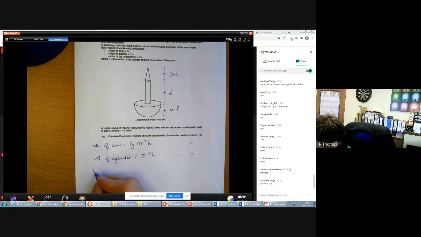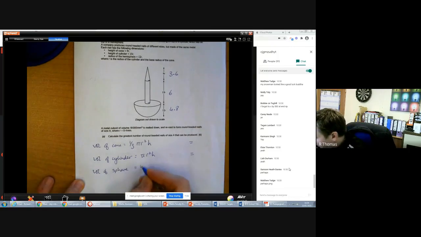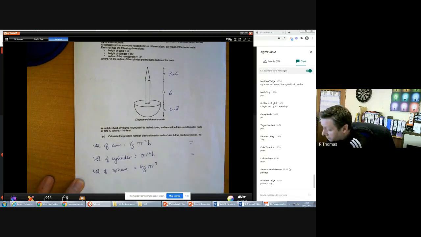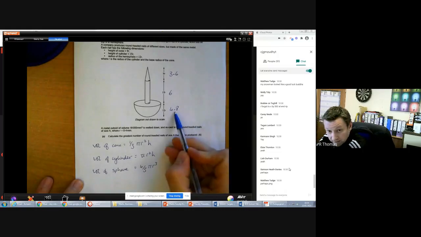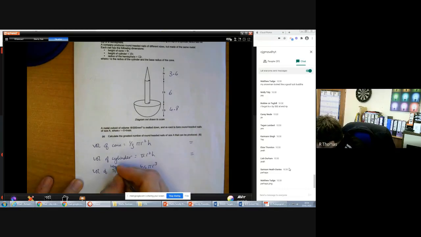There's only half one, but the volume of the whole sphere is 4/3 pi r cubed. We know that r is 4.8, so we can work out the volume of the whole sphere, but then of course we only want half of it because it's a hemisphere, so the volume of the hemisphere is that, and then divide it by 2. So you can press some buttons and get the volume of the hemisphere.